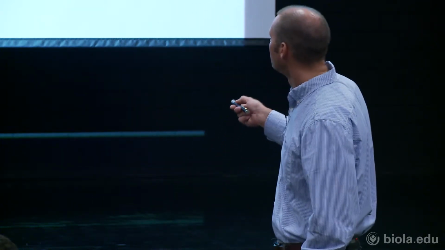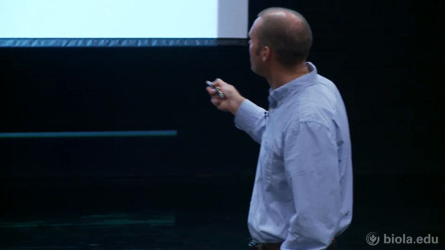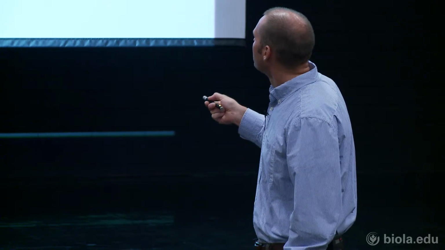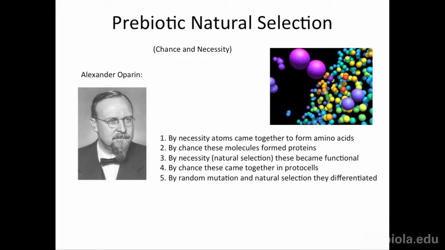And for natural selection to be occurring, you have to have things reproducing. That's what natural selection says, right? The next generation of offspring have to be selected against. Well, if the protein that came about by necessity and chance can't replicate itself, natural selection doesn't help you, right? So I think number 3 is faulty as well.